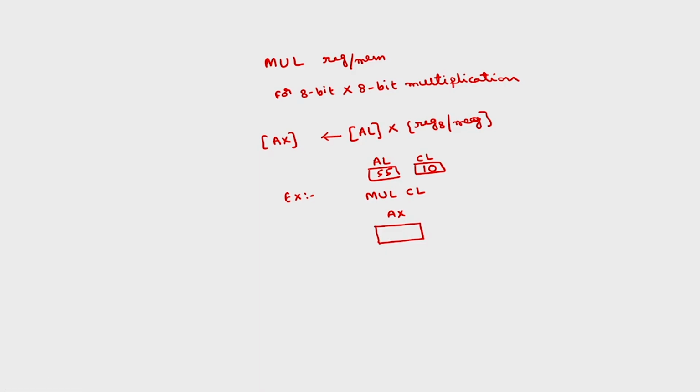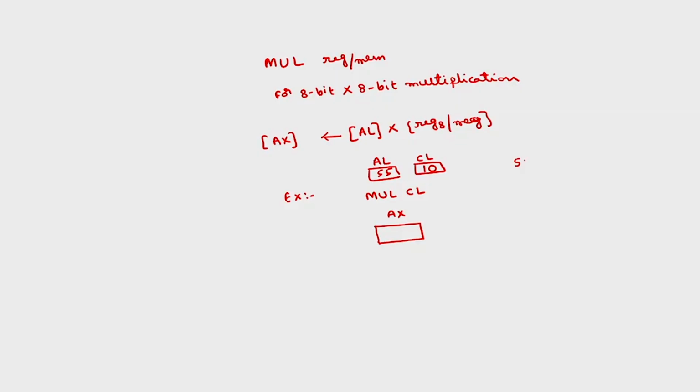We can directly perform the hexadecimal multiplication, or otherwise convert these numbers into decimal, perform the multiplication in decimal, and convert the result back to hexadecimal. 55H is equivalent to 5 into 16 plus 5, which is 85 decimal. 10H is 16 decimal.